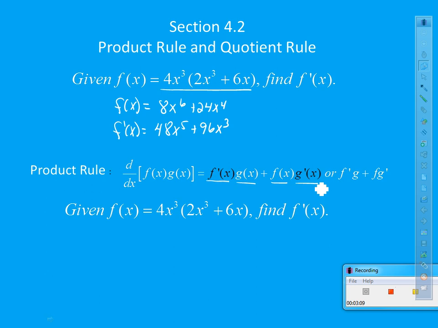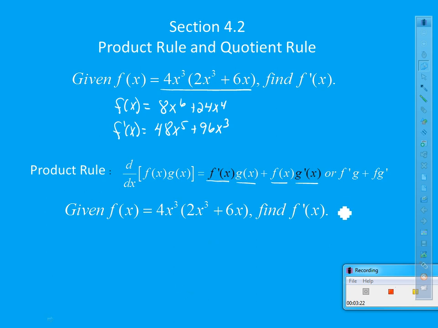In college, I didn't want to write out all that. Perhaps I was lazy, who knows. So I just memorized f prime g plus fg prime. And that told me the derivative of the first times the second plus the first times the derivative of the second.